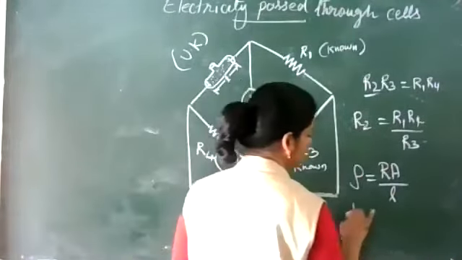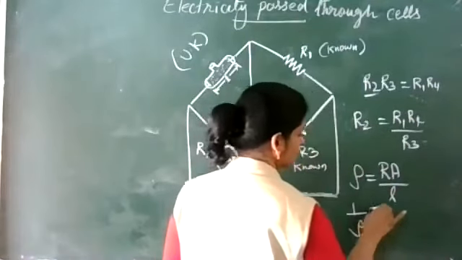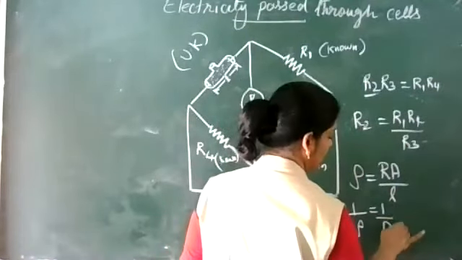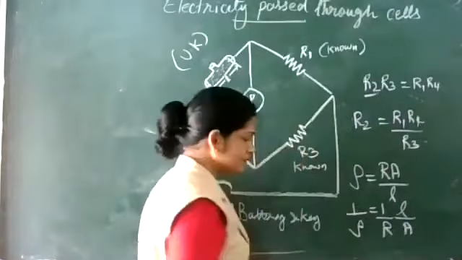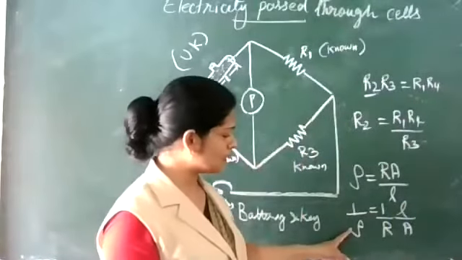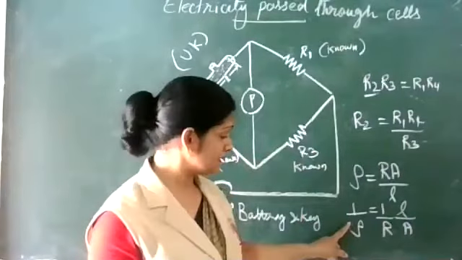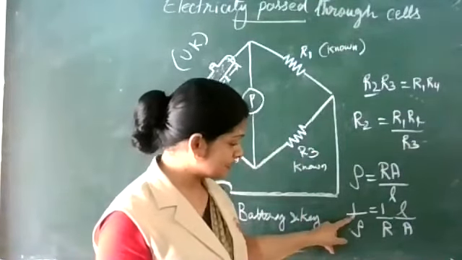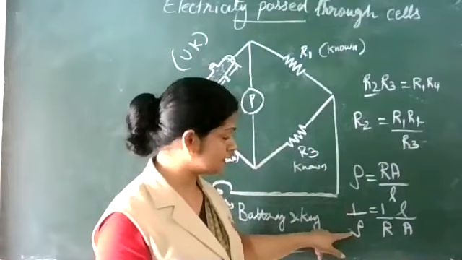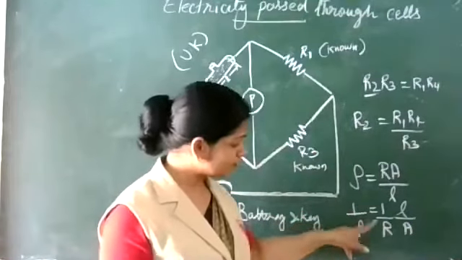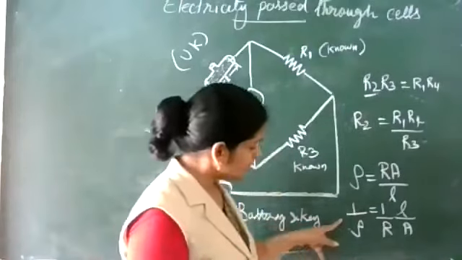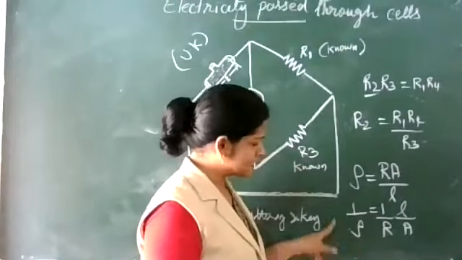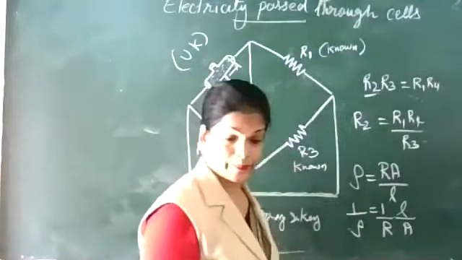What is conductivity? 1 by rho is equal to 1 by R into L by A. That 1 by rho is the conductivity. The inverse of resistivity is conductivity. The inverse of resistance is conductance. Right? This is denoted as kappa, K.